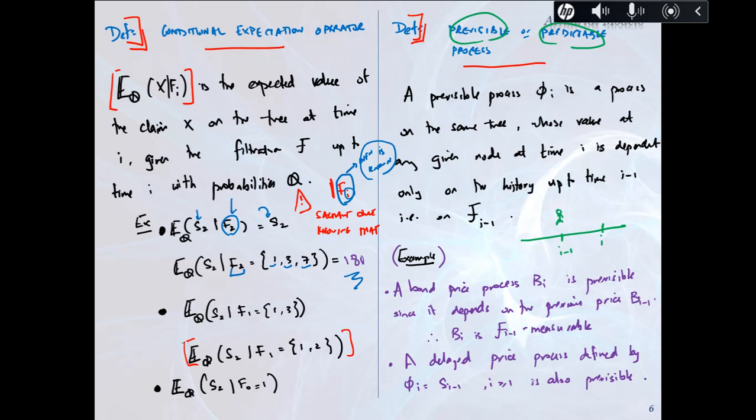If a process is, let's say, phi I, and I'm here at the present, and this is the future, and phi I is known, deterministic at time I minus 1 where I'm standing, then phi I is previsible.